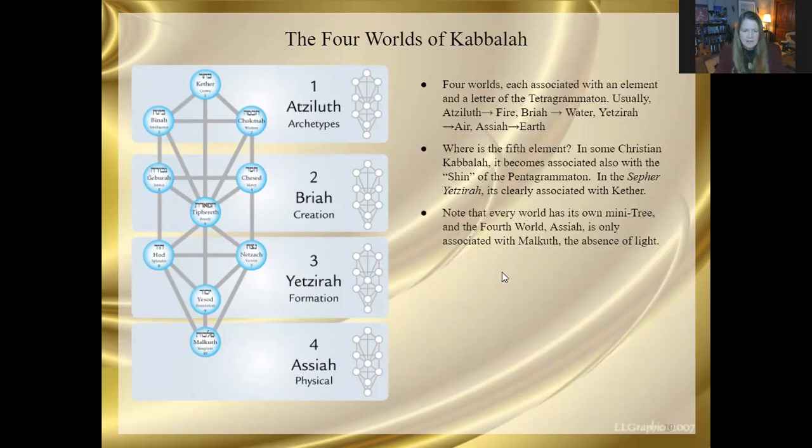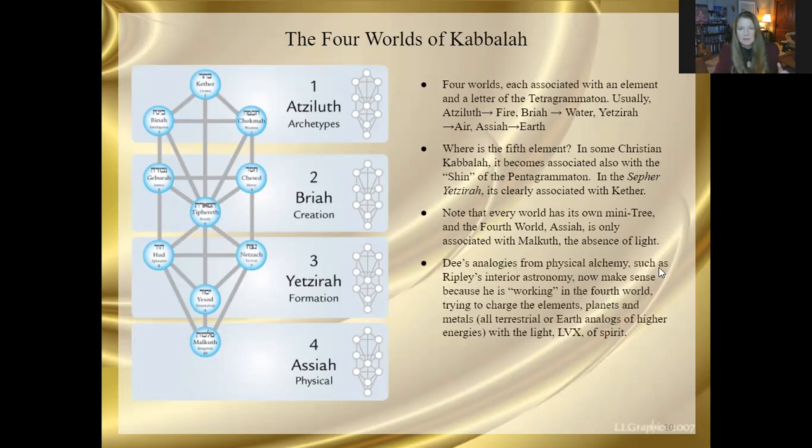All right. Every world has its own mini tree, as we talked about last time. And as we've mentioned several times, in the 4th world, Assiah is only related to Malkuth. And when you get to Malkuth of Malkuth, that is the total absence of light. And these references to physical alchemy now make sense. He's working in the 4th world, the world of Assiah.